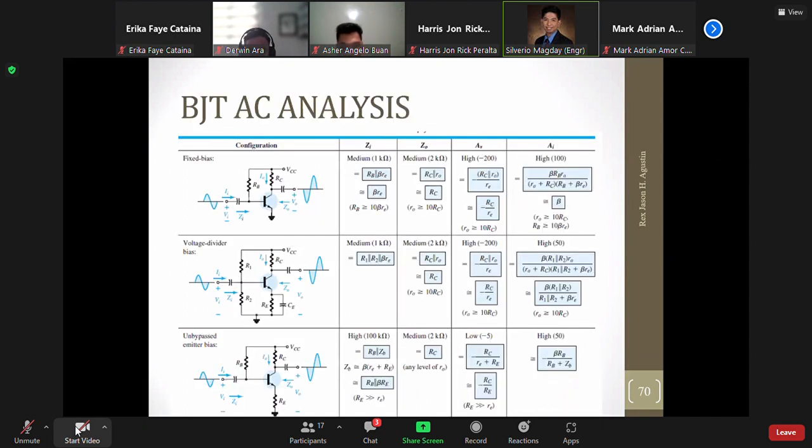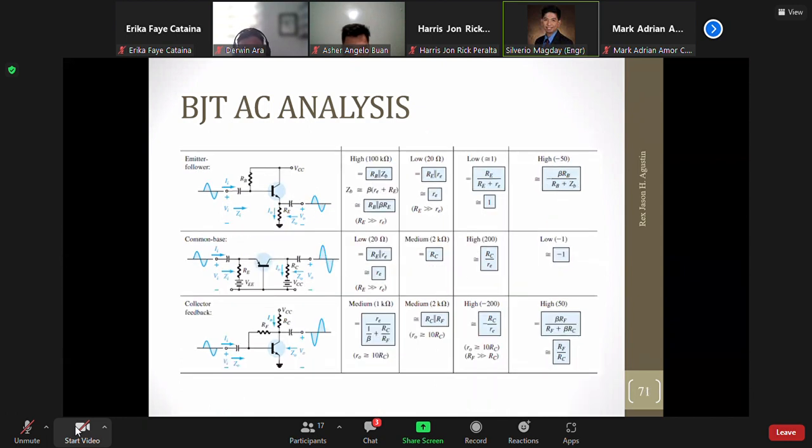We also describe the output and input impedance, and then your currents here. This summarizes the characteristics of the different configurations for AC analysis. Just a summary.